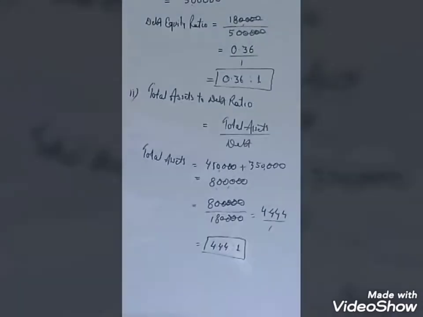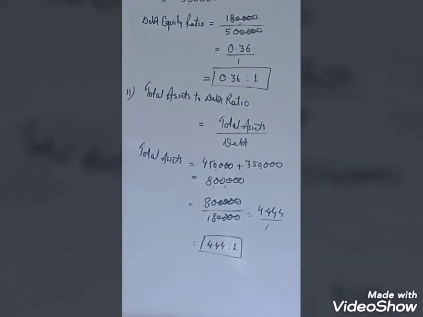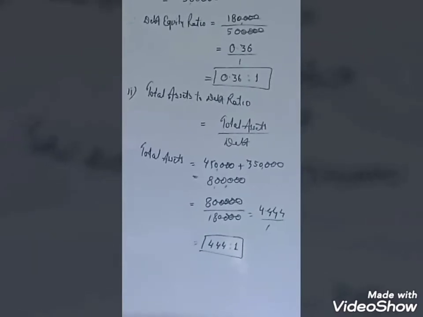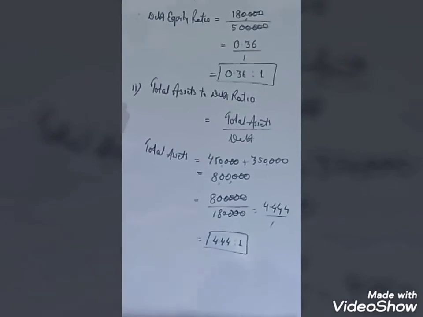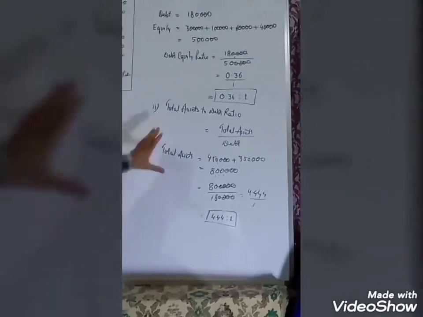Higher ratio indicates less use of borrowing, meaning thereby high security to lenders. So here the lenders are quite secure in this case.